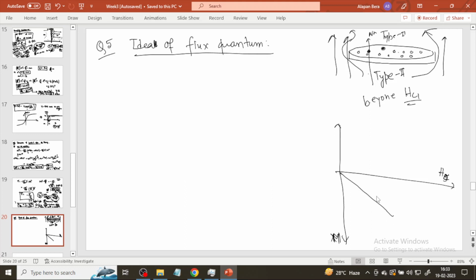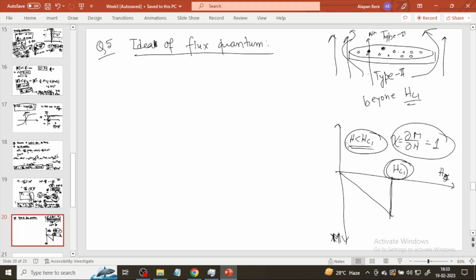The chi, that is basically del M by del H, is minus 1, because in the case of a superconductor this term is minus 1. It stays so up to a certain point, that is HC1, because no magnetic field exists inside this region. When H is less than HC1, no magnetic field can penetrate this superconductor. That is why chi is minus 1.